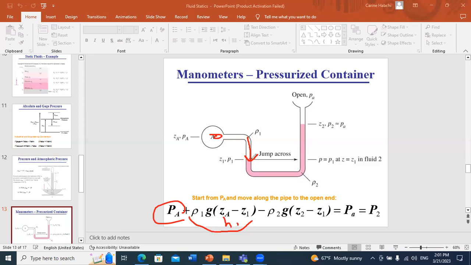Then when I reach this point, I can jump across to this point, so the pressure is the same. To reach my final point, I am moving upward, so there is a decrease in pressure. This is why I put minus rho 2 g H2, which is Z2 minus Z1, equal to the pressure at point 2 that I want to measure. Any question on this?